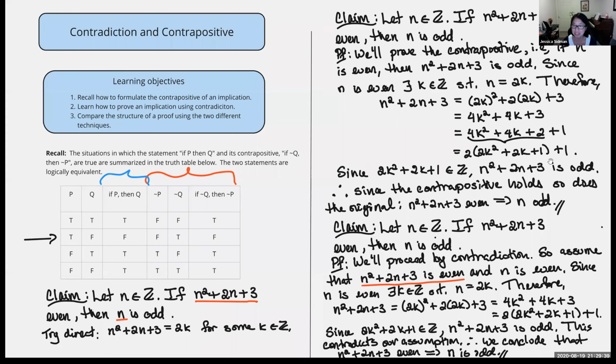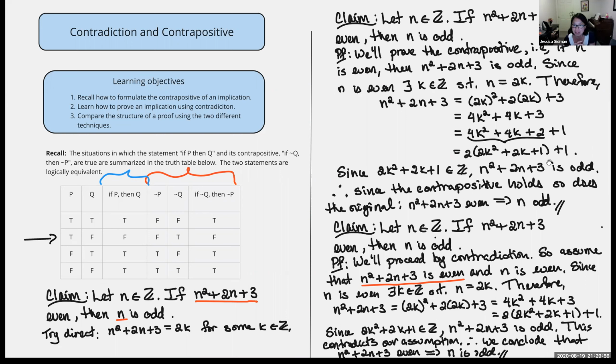We conclude that n squared plus 2n plus 3 is odd, but we've assumed it's even, and so that's a contradiction. So what happened there? Again, I'm keeping the proofs relatively simple so we can focus on the logical structure.